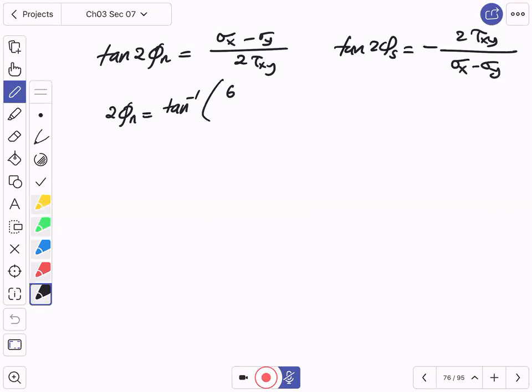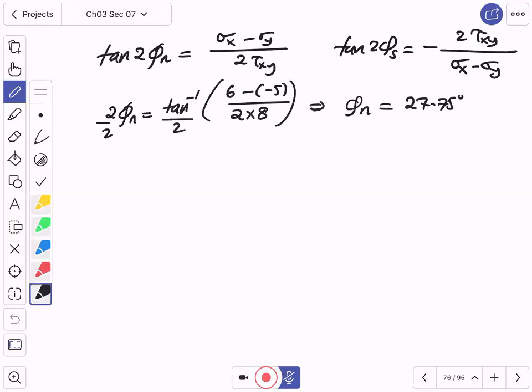Yeah. And then minus 5 divided by twice is what? 8. Okay? And when I do this, I need to divide by 2. And the result would be phi n equal to how much? It will be 27.75 degrees. And it is what?